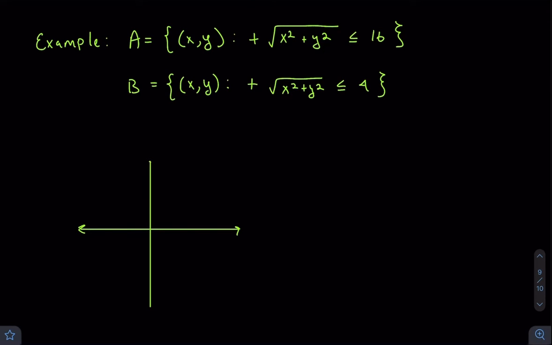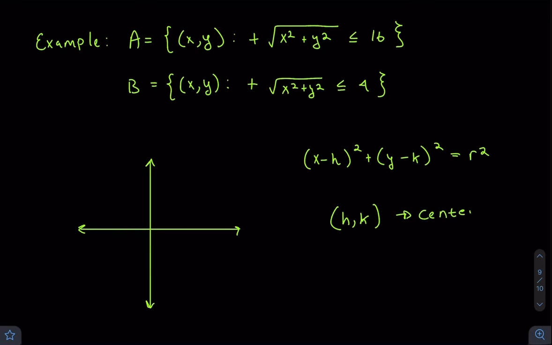but before I do, maybe it's best to discuss what these equations represent. If you recall, an equation of a circle, a general equation, is going to look like this, where x and y are the values of the point, and h and k will be, the point (h, k) is the center of the circle.